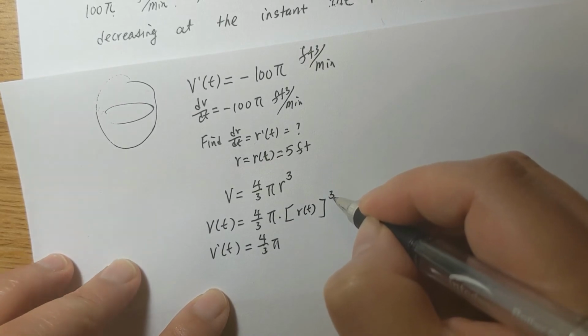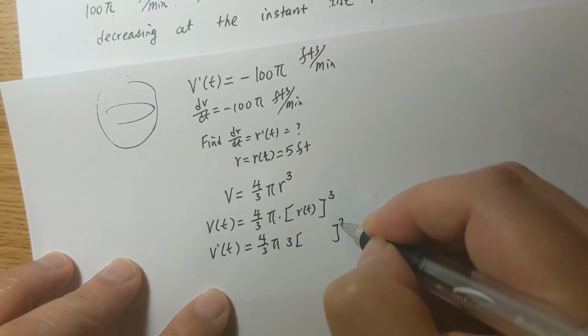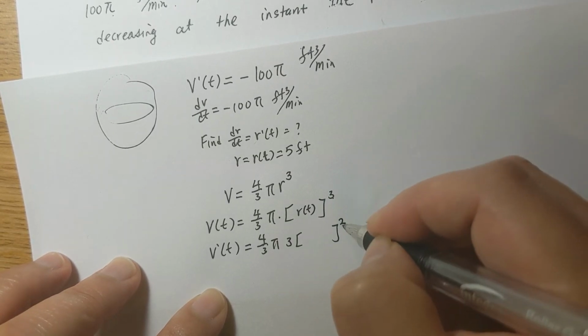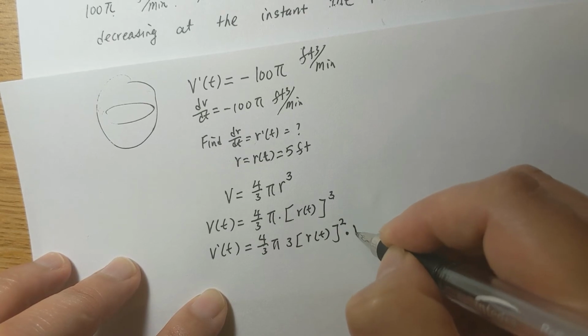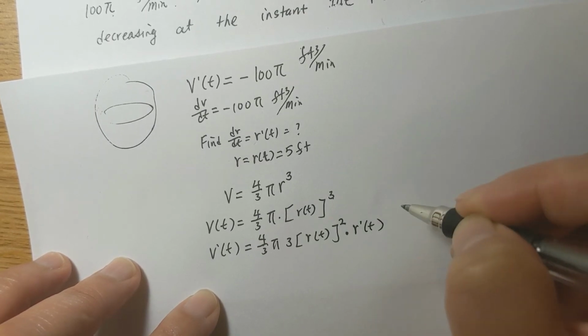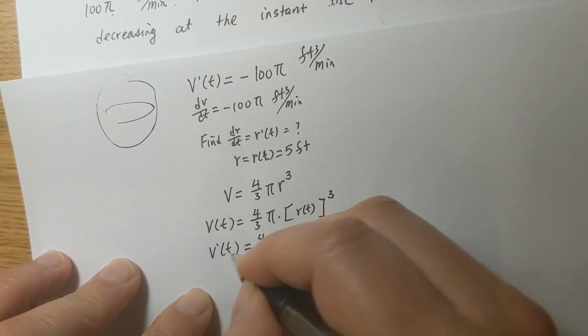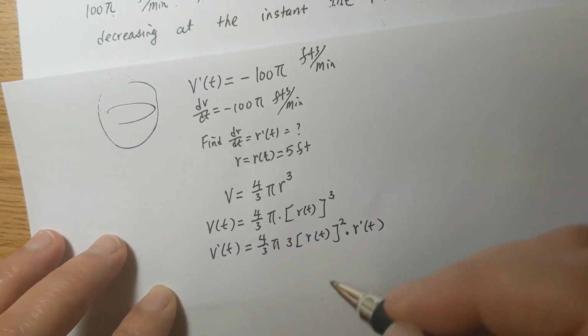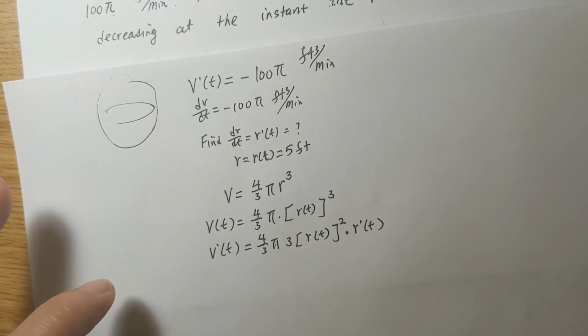Now you're going to use chain rule: 3, and then subtract the exponent, 3 minus 1 equals 2, and r of t stays the same, and immediately multiply by the derivative, which is r prime of t. So this is just the chain rule. We reviewed the chain rule for about 2 weeks, so I believe many of you will find it pretty easy.